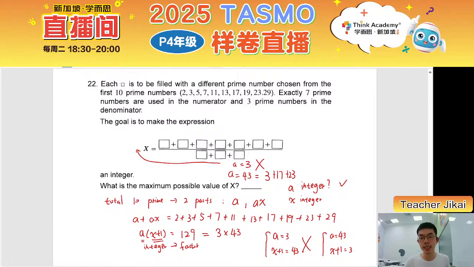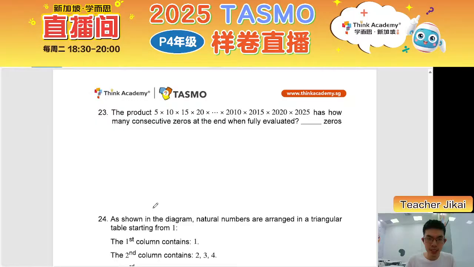So what is the x here? Yes, x here is 3 minus 1, which will give you 2 here. This is x. So the x here is 2. But it is asking the maximum possible value. But here, the tricky part is we only have one possible value for x. Yeah, and of course it is a maximum. 2 here, right? 2.